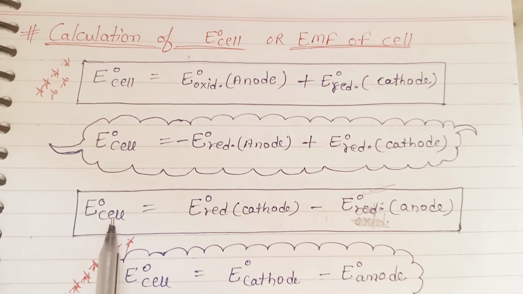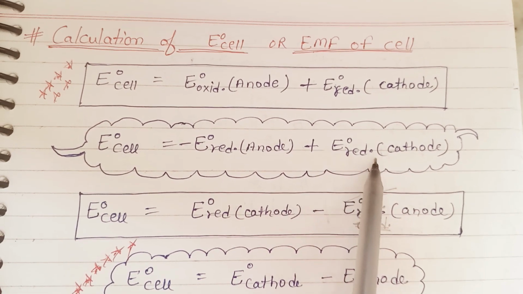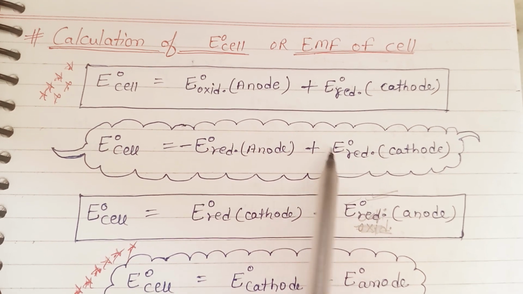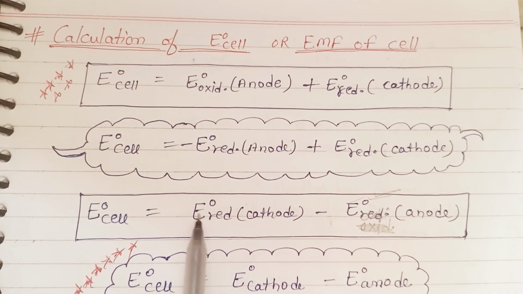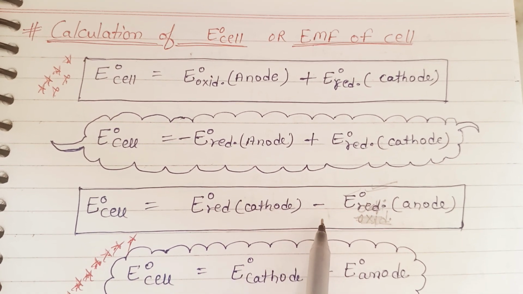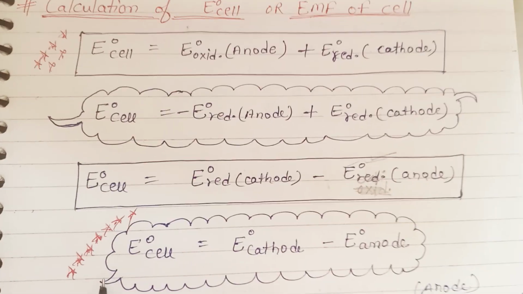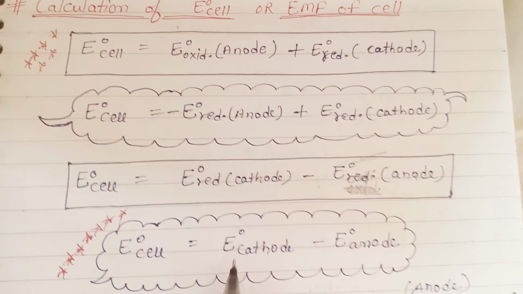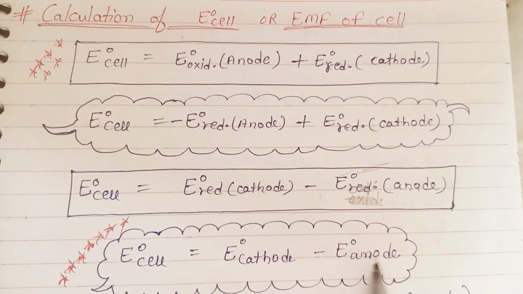This negative charge comes here and this positive charge comes here. So the formula becomes E naught of reduction cathode minus E naught of reduction anode. So E naught of cell is equal to E naught of cathode minus E naught of anode.